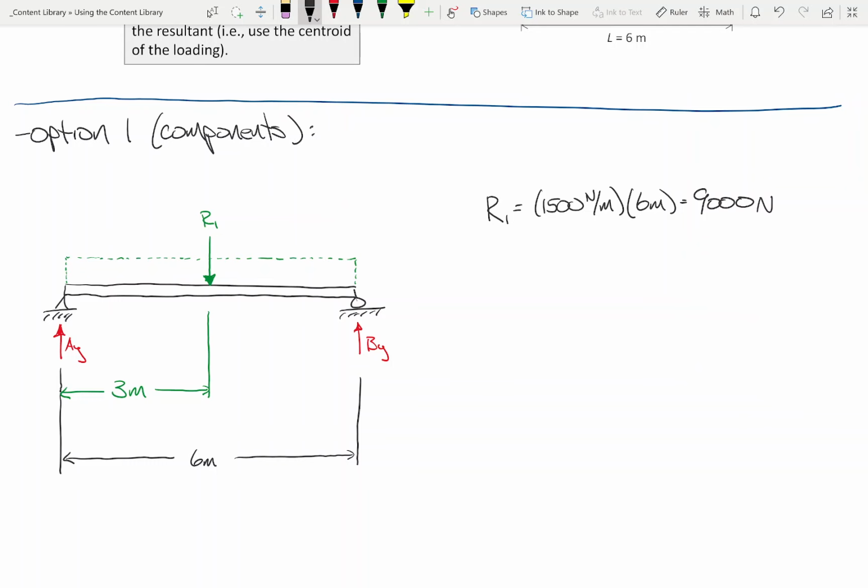Okay, so if that makes sense, what I'm now going to do is the same thing with this triangular load. I'm going to take the area of that triangular load and replace it with another vector.